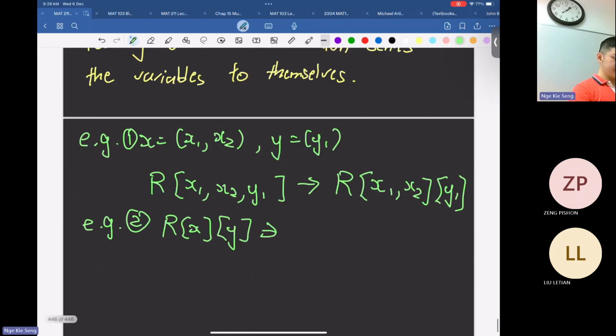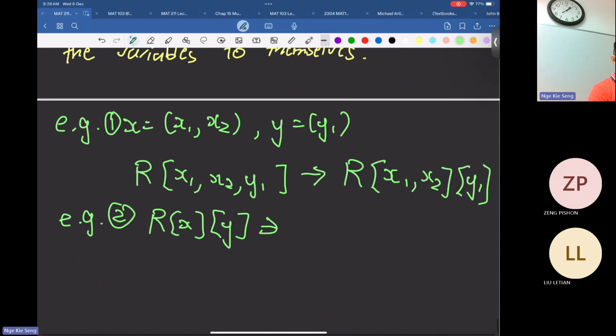What's the polynomial here? For example, y plus (x squared plus 1)y, or y squared. So this is a polynomial with coefficient in the ring of another polynomial. So x squared plus 1 is a polynomial in R[x]. Make sense? Okay.